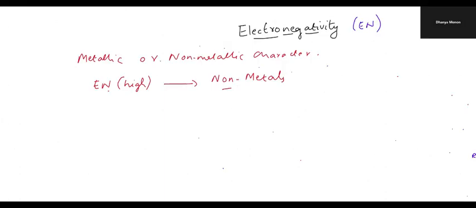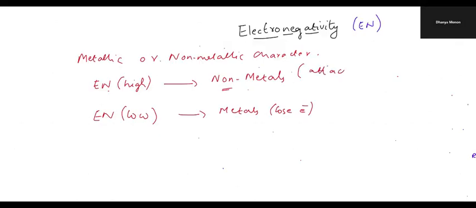But at the same time, if the electronegativity value is low, that means it will be metals, because metals have the tendency to lose electrons. They readily lose electrons. And what is the tendency of non-metals? They readily attract electrons.